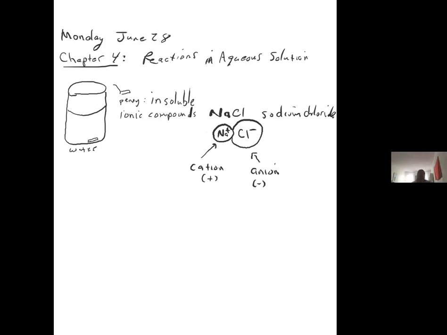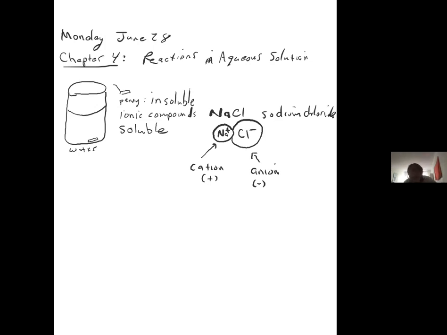It turns out that ions tend to be able to dissolve into water very well. So for now, we'll assume that ionic compounds are soluble in water. They dissolve into water, okay? Now, when they dissolve, they form ions.